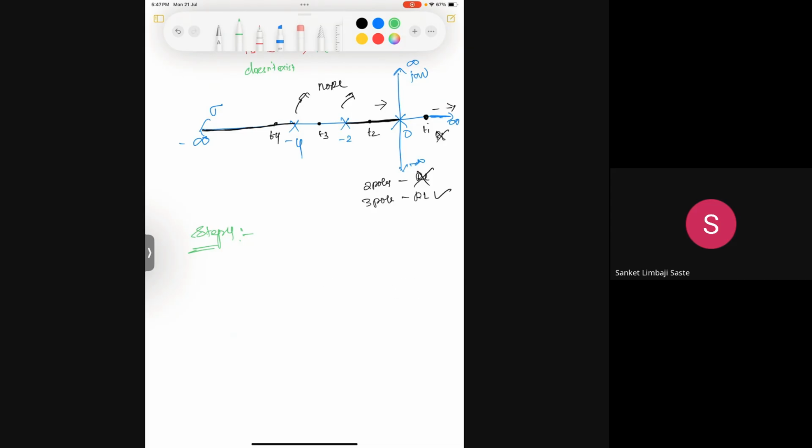Okay. Step 4 is to calculate the asymptotes, the branches going to infinity. What are these asymptotes? Asymptotes show the direction of branches that go to infinity, right?